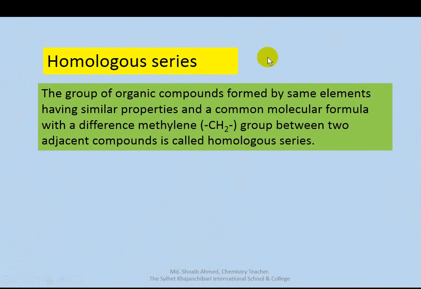So the difference between two adjacent compounds is a methylene group. The group of organic compounds formed by the same elements having similar properties and a common molecular formula, with a methylene group difference between two adjacent compounds, is called a homologous series.